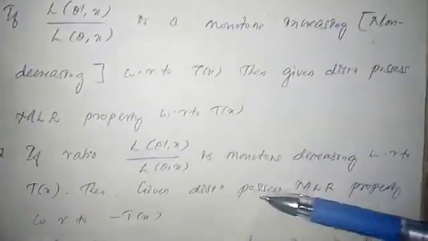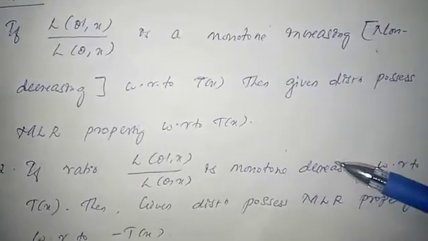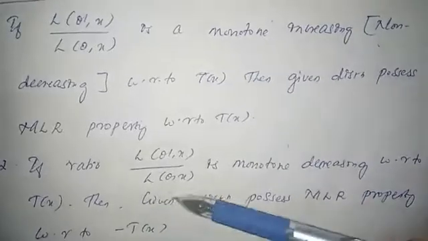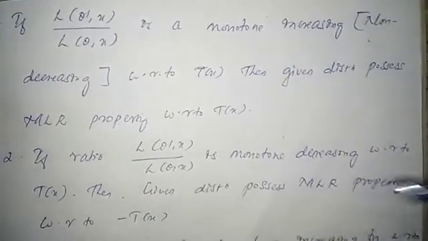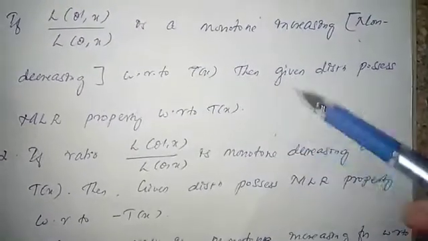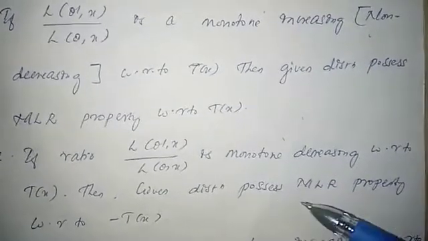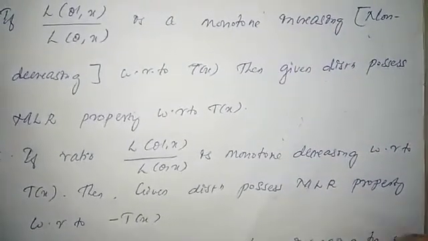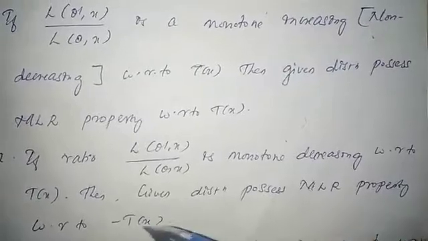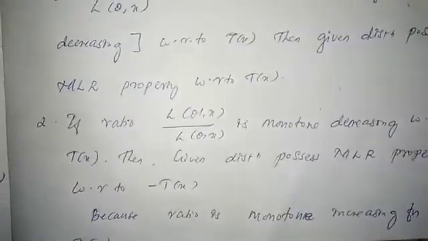The next note is that if the ratio is monotone decreasing with respect to T of x, then the distribution possesses MLR property with respect to minus T of x, because the ratio is monotone increasing with respect to minus T of x.